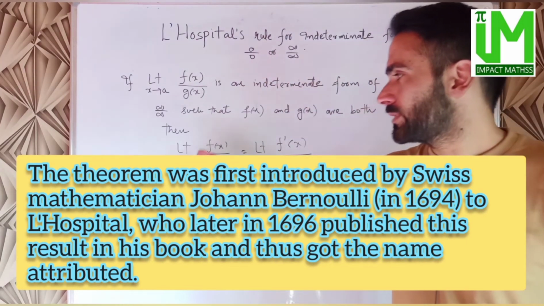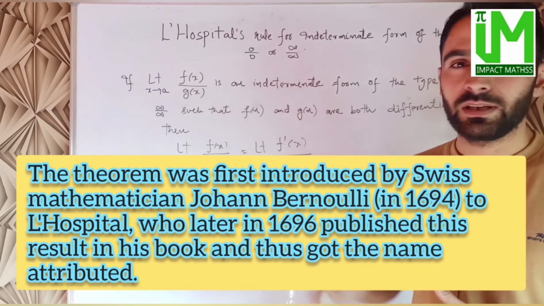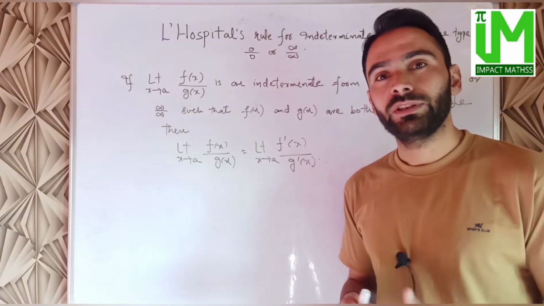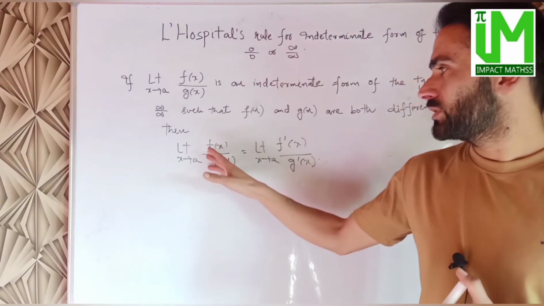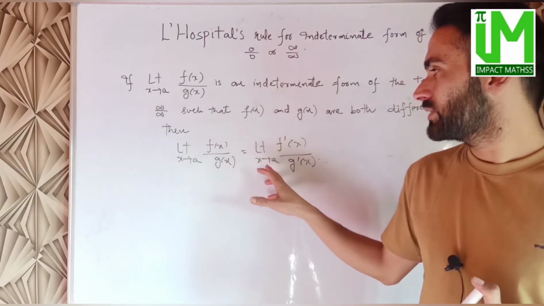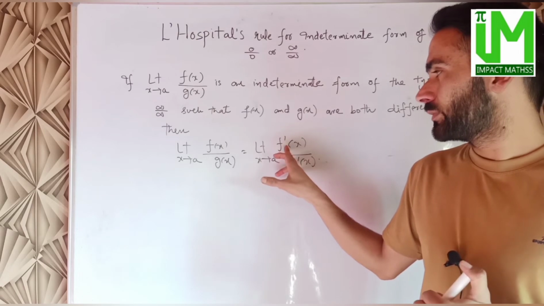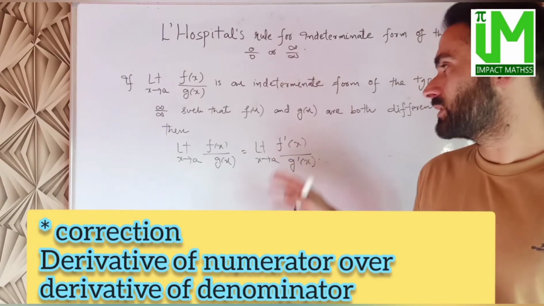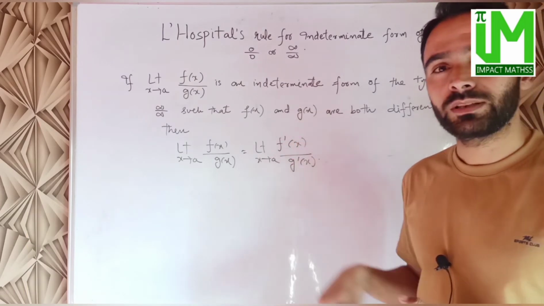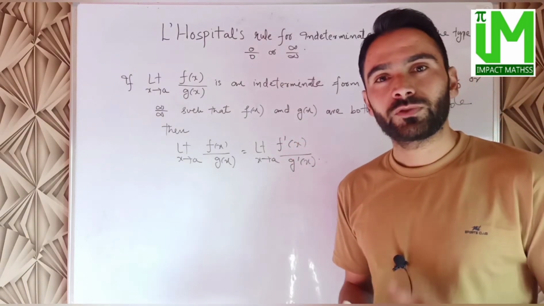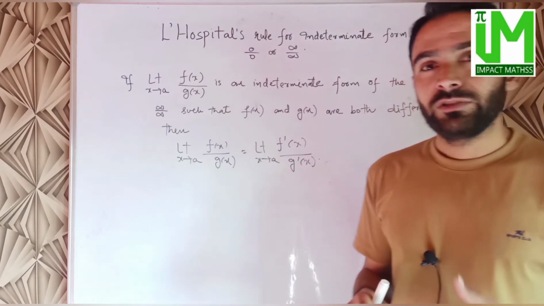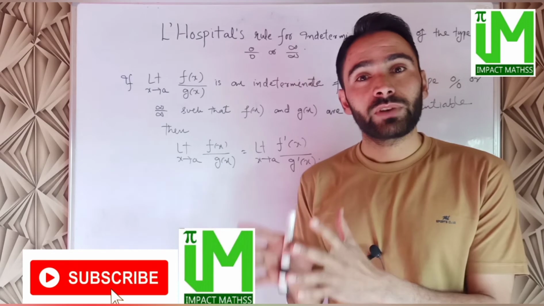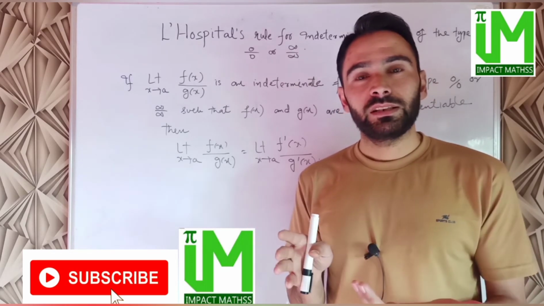That is, the limiting value of this function will be the limit as x tends to a of f dash of x or f prime of x divided by g dash of x or g prime of x. Kindly note that f(x) and g(x) are not differentiated as a single fraction but are separately differentiated as numerator and denominator.